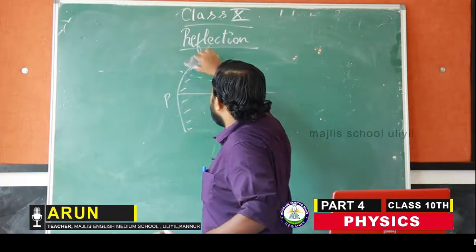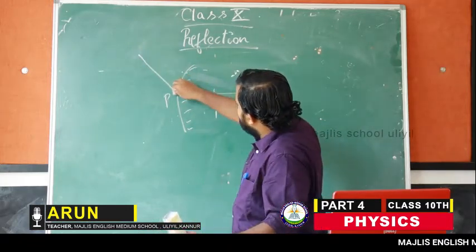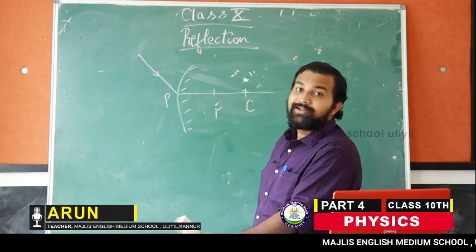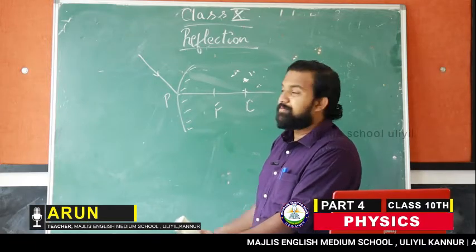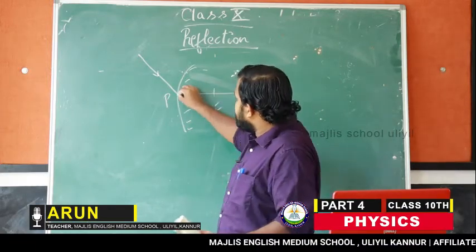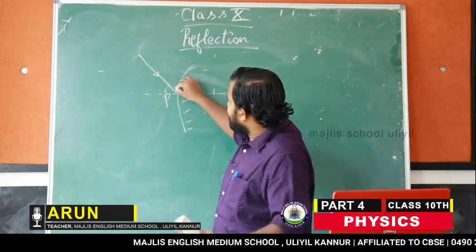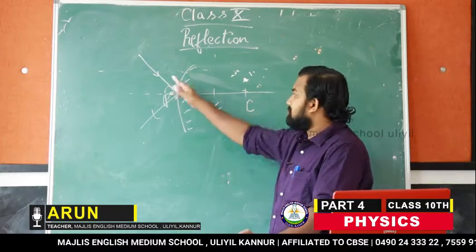That's clear. Okay. Now the last one, it is a ray coming and hitting at the pole. The ray coming and hitting at the pole. So what will happen? It will make an equal angle. So this is at the pole, so this is the normal. So it will make an equal angle with the principal axis. So this is a diverging one.